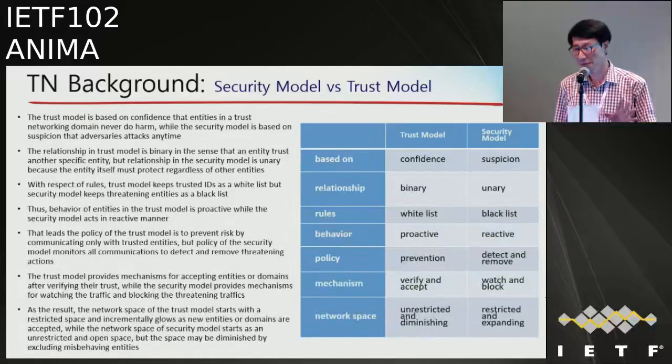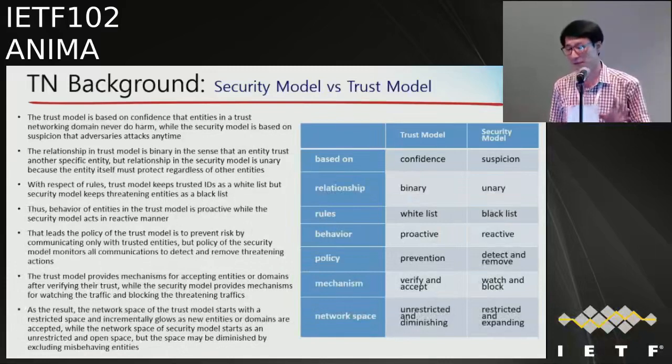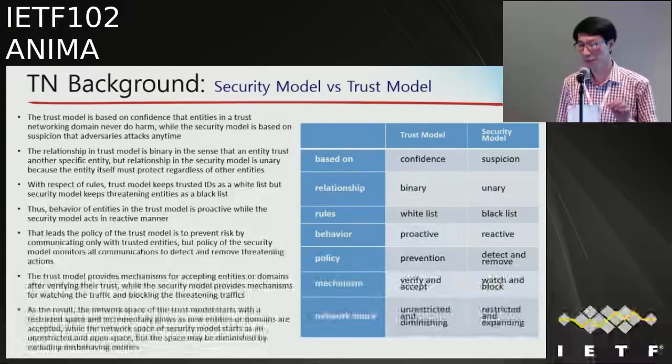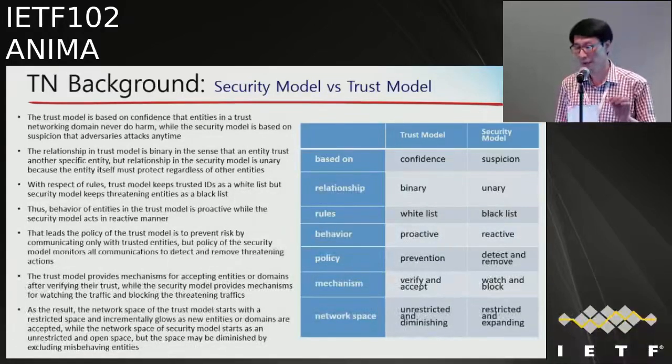And the relationship in the trust model is binary in the sense that an entity trusts another specific entity, but the relationship in the security model is unary, because the entity itself must protect regardless of other entities. And with respect to rules, the trust model keeps trusted IDs as a whitelist, but the security model keeps threatening entities as a blacklist. And thus the behavior of entities in the trust model is proactive, while the security model acts in a reactive manner, as I said. And that leads the policy of the trust model to prevent risk by communicating only with trusted entities.